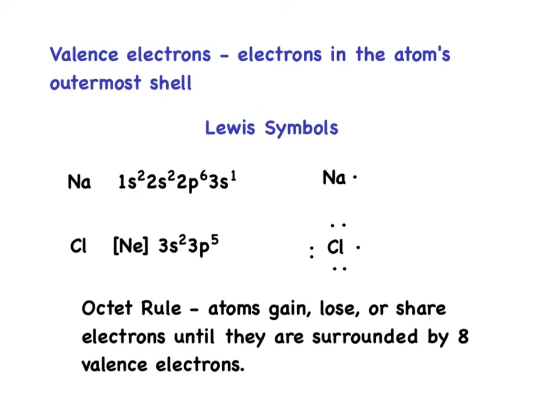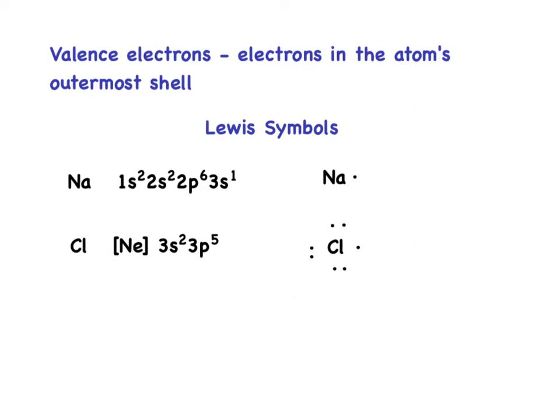Now remember the octet rule. Atoms are going to gain, lose, or share electrons until they're surrounded by an octet, or 8 valence electrons. And here, chlorine just needs one more to complete its valence. And here, sodium has 1 in its valence, which if it gets rid of that 1 valence electron, that means that now sodium will also have a valence of 8 in its second shell.